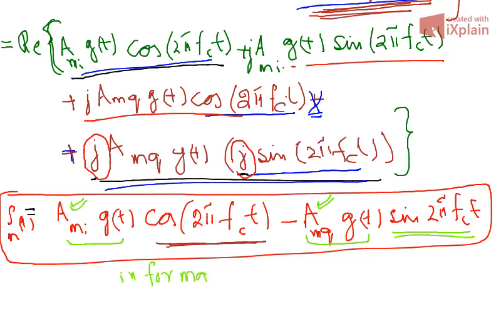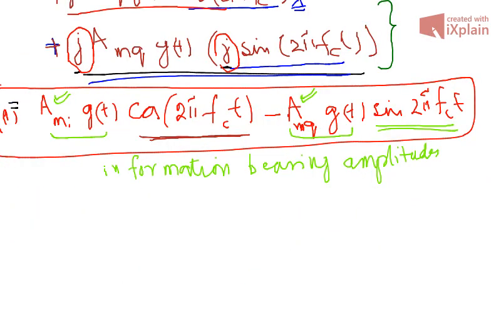Information bearing amplitudes. So AMI and AMQ, it means if you have data in the form of binary ones and zeros, these AMI and AMQ would represent that data, and the symbol Sm of t carries the bits.